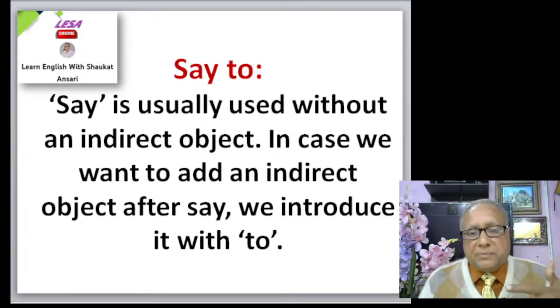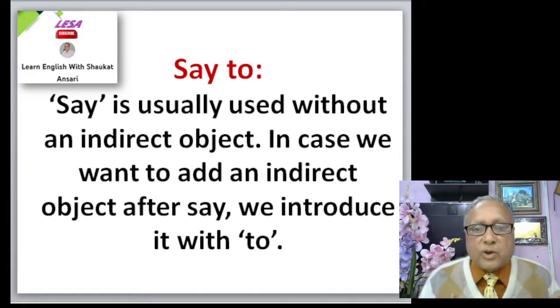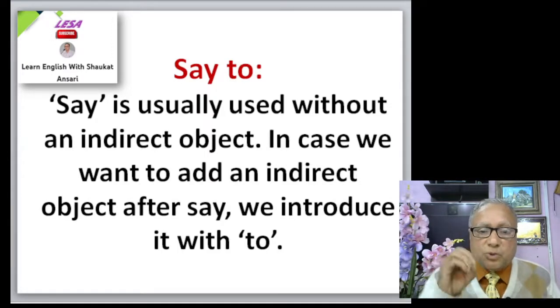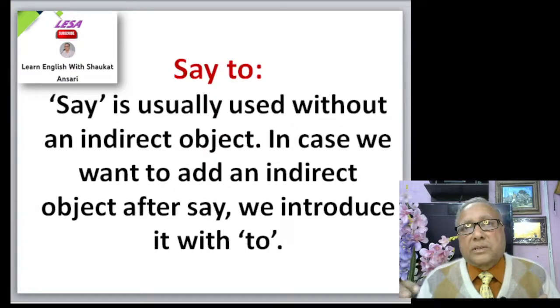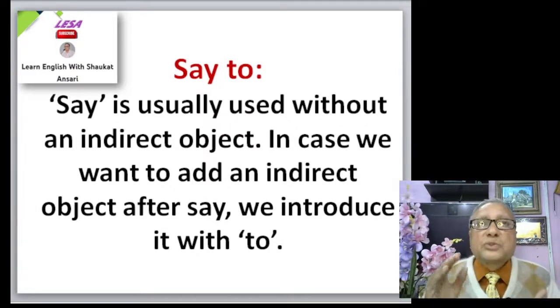Said to means say to. Say is usually used without an indirect object. In case you wish to add an indirect object after say, you have to introduce it with to. You have to add to after say or says or said. Clear?